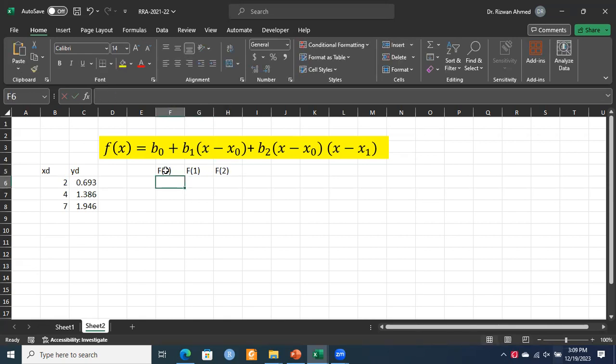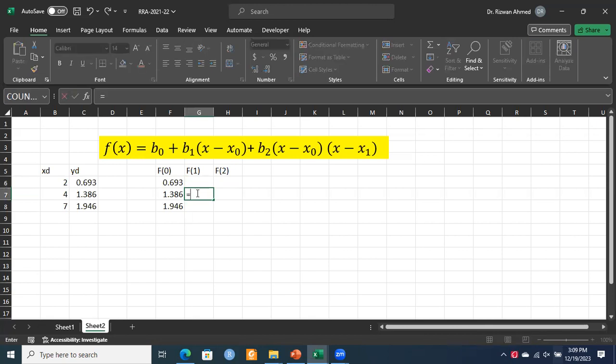The zero order divided differences are just the values of ordinate. Then the first order divided difference is not going to exist for the first point. So for the second point, it is the slope value.